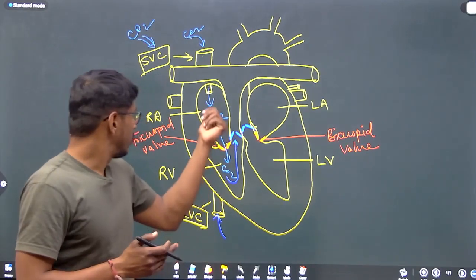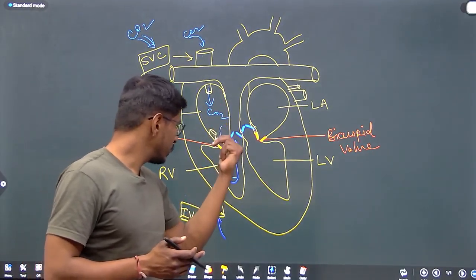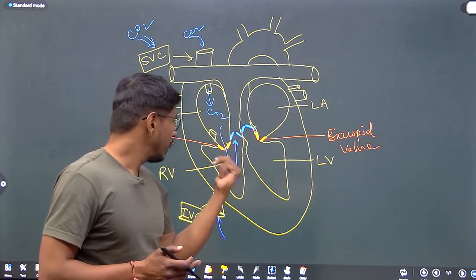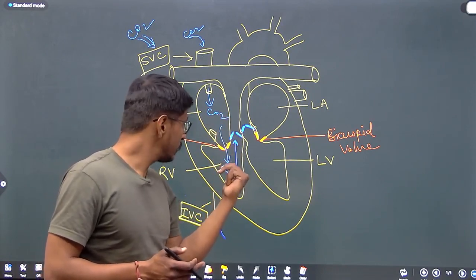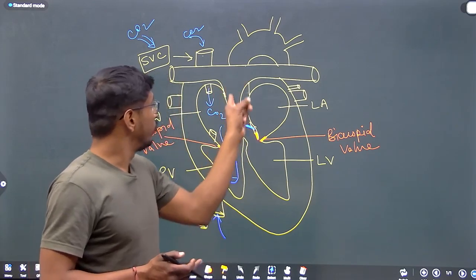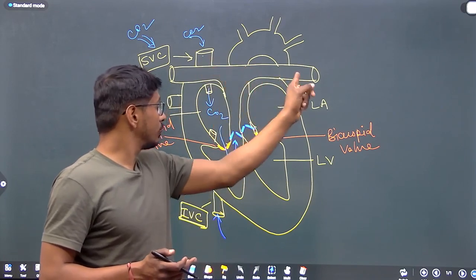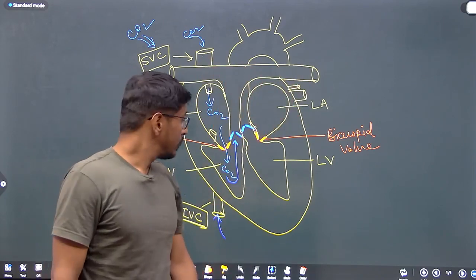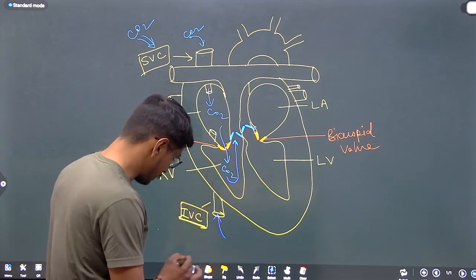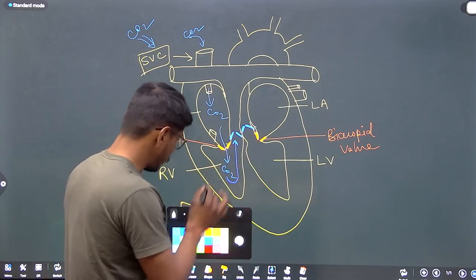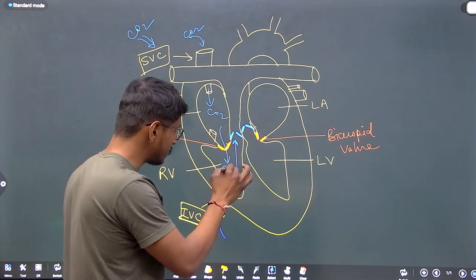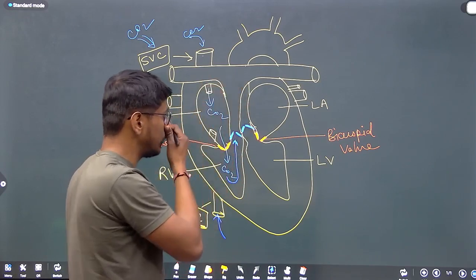Okay, so CO2 containing blood comes from the right atrium to the right ventricle, and after reaching here, it goes into this tube. Now, where does this tube go? If these valves completely shut off, then this blood will go to this tube.